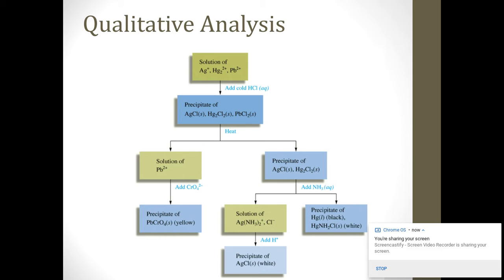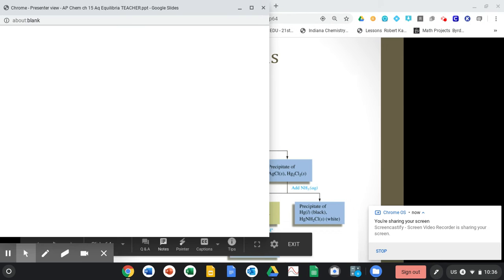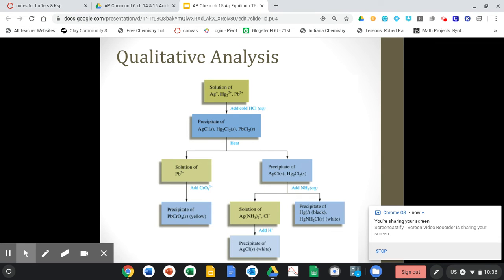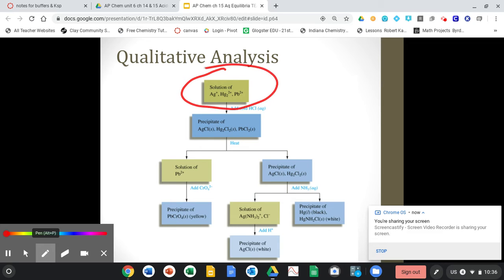So basically, you are going to be given a solution of three ions, and those three ions are silver, mercury, and lead.